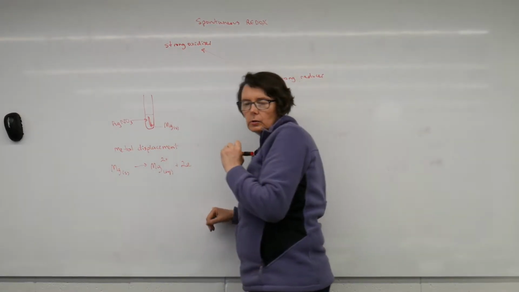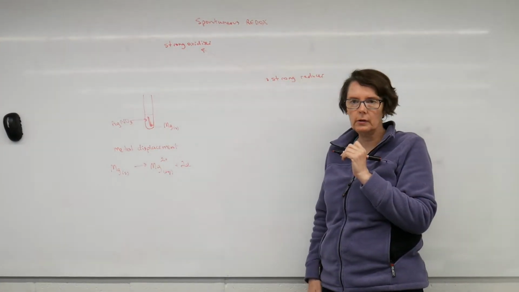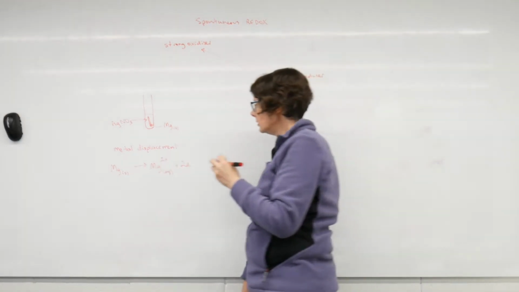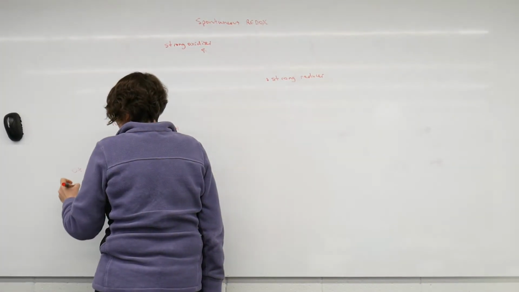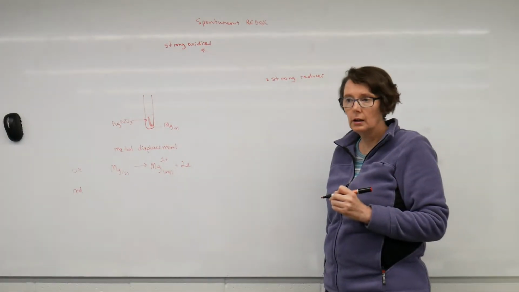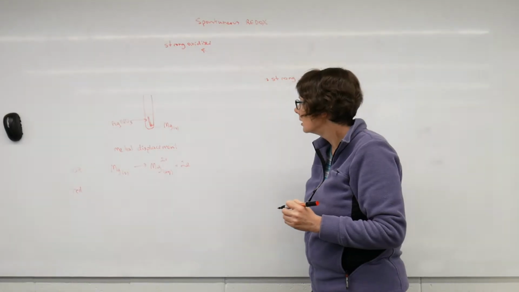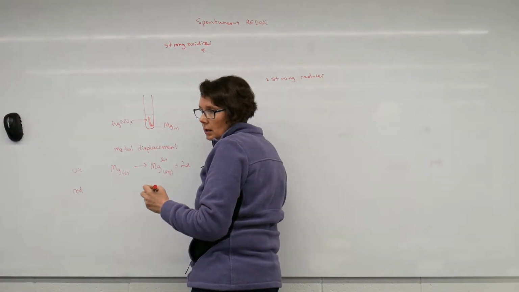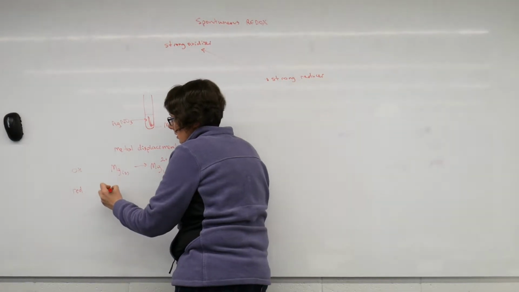And someone else want to tell me what kind of half equation this is? Oxidation. Yeah, oxidation. And what's the other half equation then? Silver plus 2 electrons. The silver.